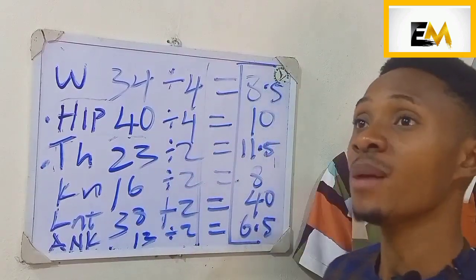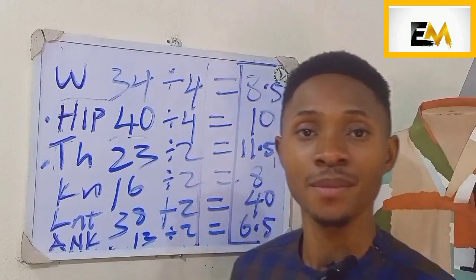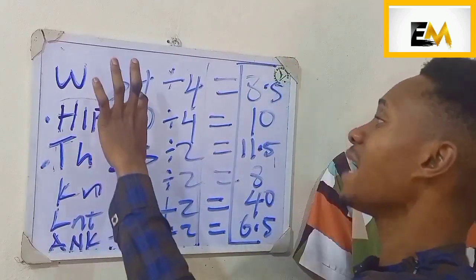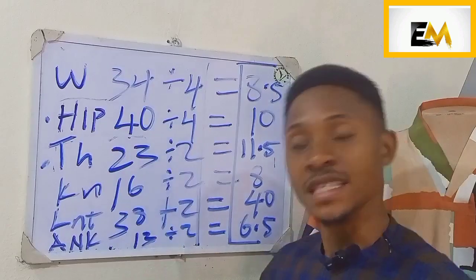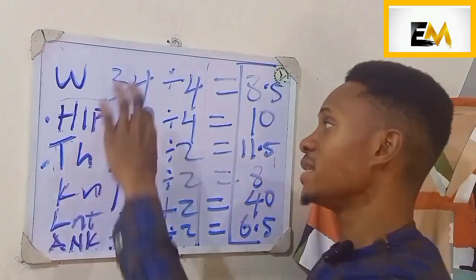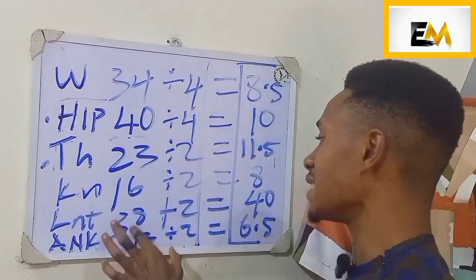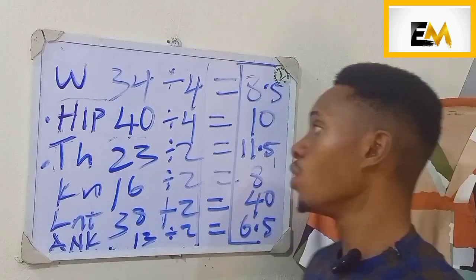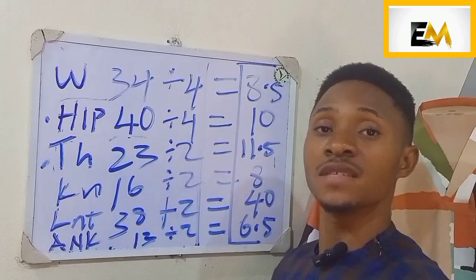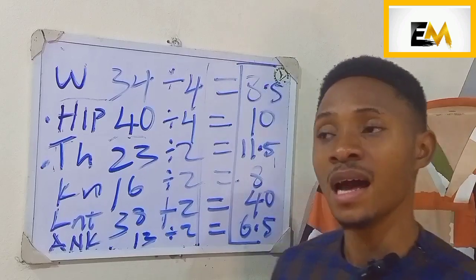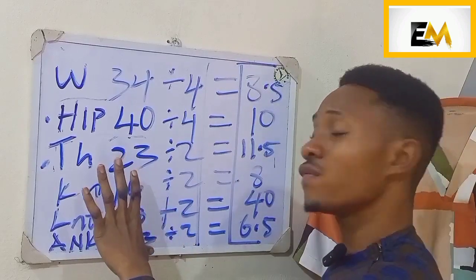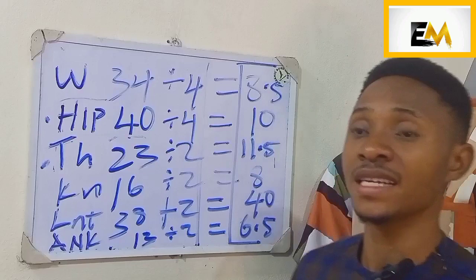Okay, but in the situation whereby this person is slim and very tall, let's assume the person is having hip 36 and trouser length 43, 44. Hip 36 divided by 4 will be giving you 9. For that kind of height, if you make use of 9, it's not going to be bad.